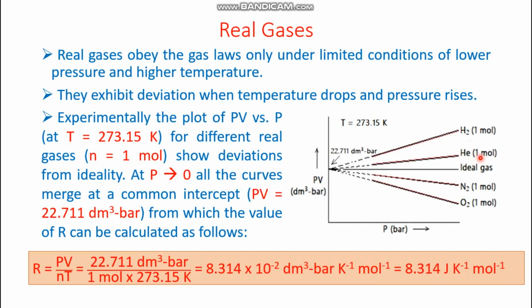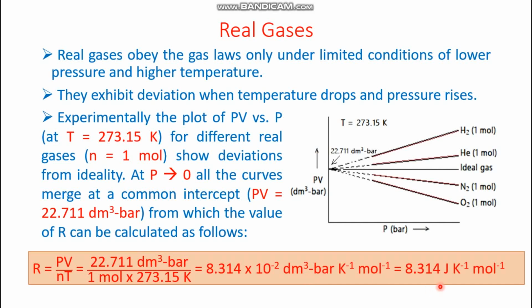For 1 mole of any gas, in place of n we put 1, in place of PV we put 22.711, and since the temperature is 273.15, this value is also put here, and the result is 8.314 into 10 to the minus 2 decimeter cube bar per Kelvin per mole. If this is converted into joule per Kelvin per mole, then it becomes 8.314 joule per Kelvin per mole.